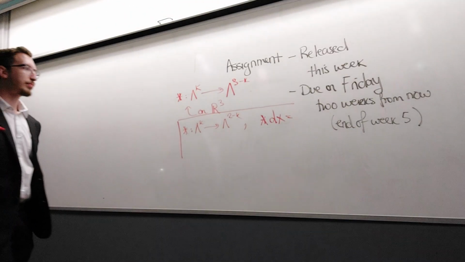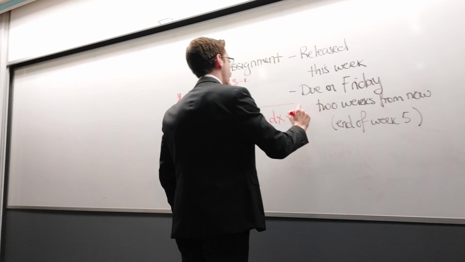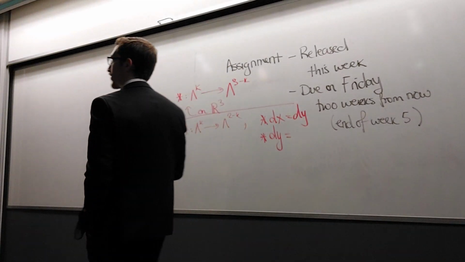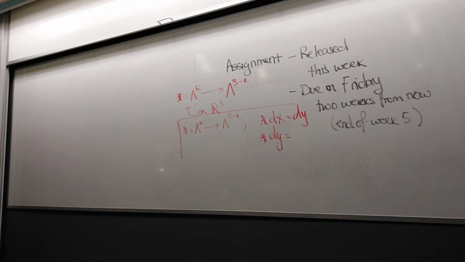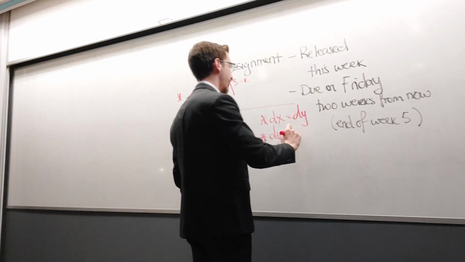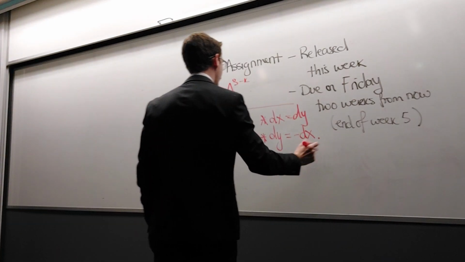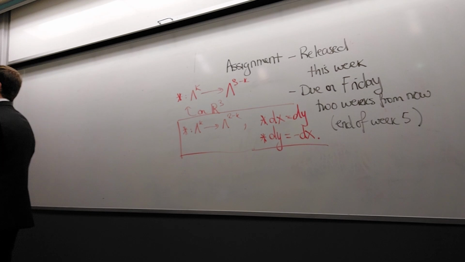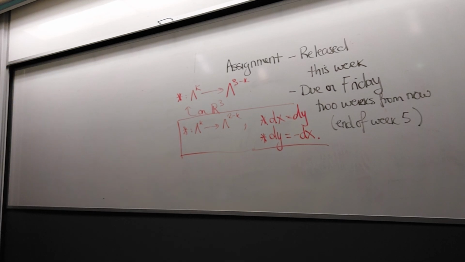Just be dy. And what would star dy be? Minus dx. Same computation goes through. You can use the theory I gave you last week. But I do want to look at the Hodge star operator on R2, and you will need that information. Everything else should be trivial.